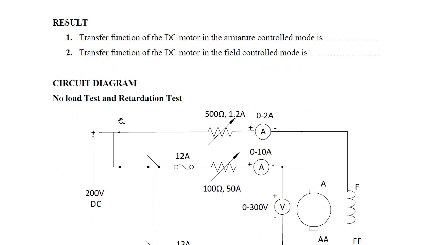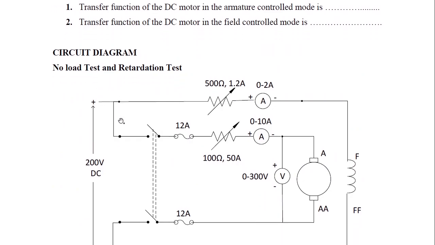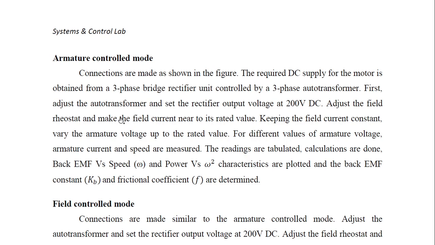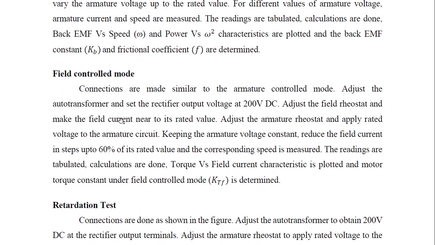The initial conditions are the same: the armature rheostat is kept at the maximum position and the field rheostat is kept at the minimum position.